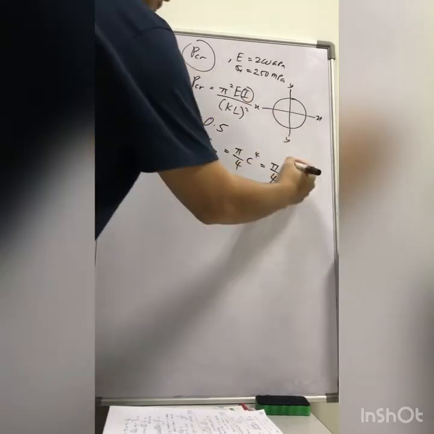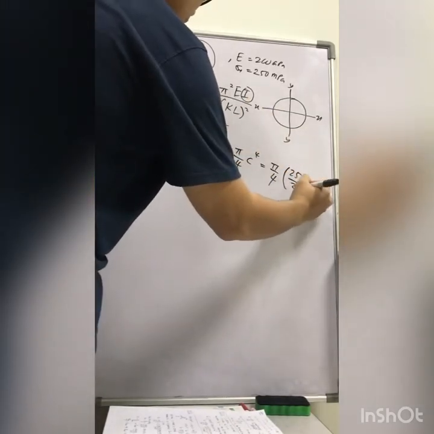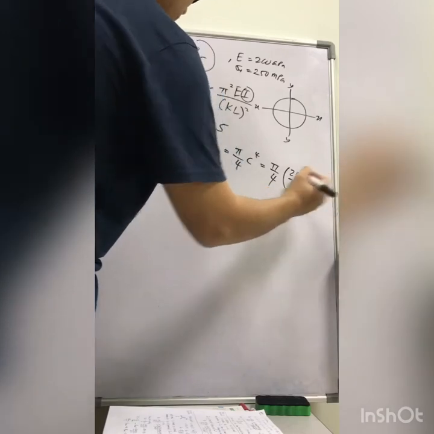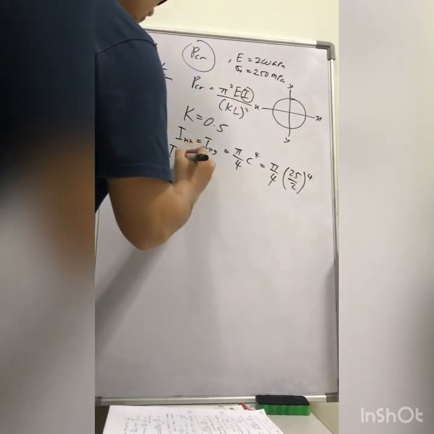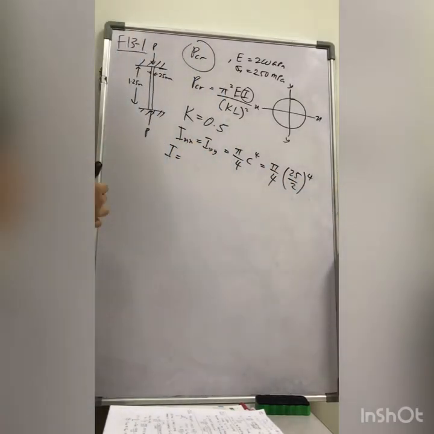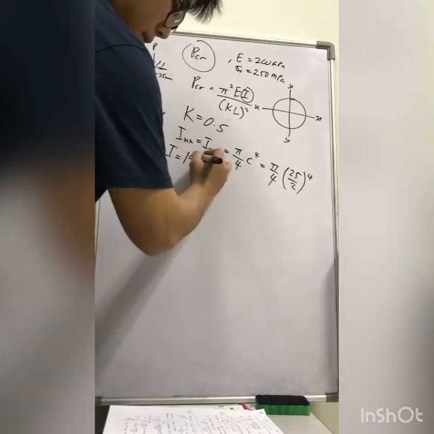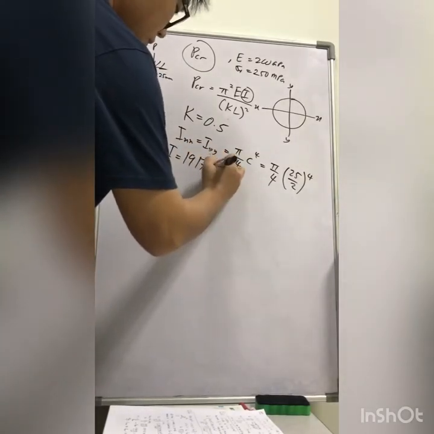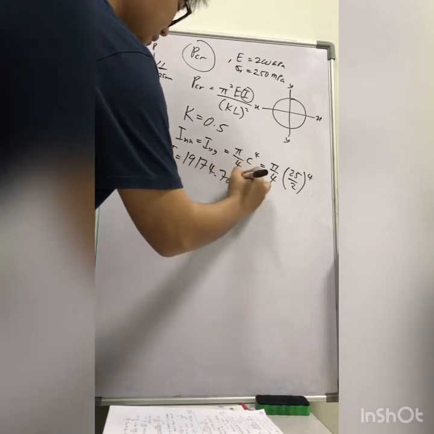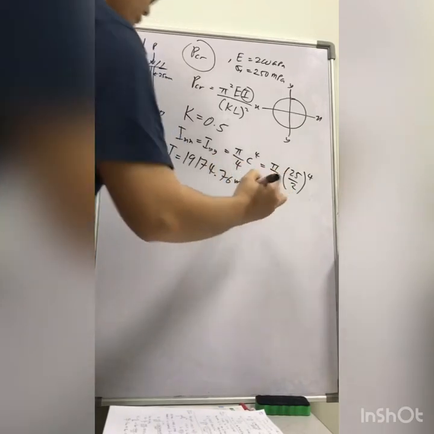So it is pi over 4 times (25 over 2) to the power 4. If you hit your calculator, your I is 19174.76 millimeter to the power 4.